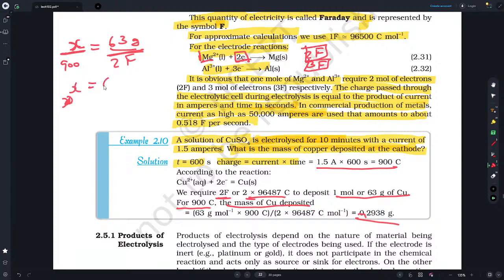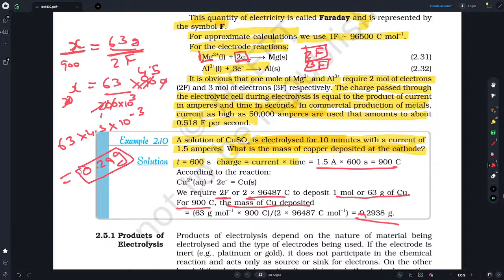It will be X equals 63 by 200 into 10 power 3 times 900. 63 times 9, you can write 4.5. 63 times 4.5 times 10 power minus 3, we will get an approximate value of 0.29 grams.